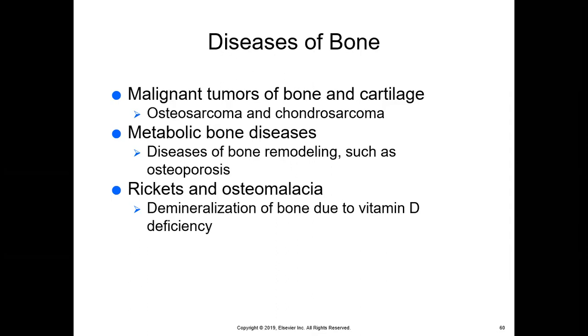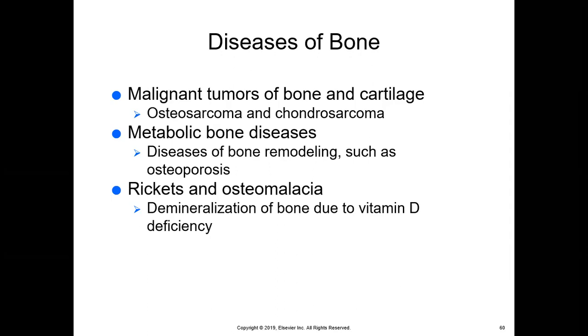Vitamin D is important with calcium homeostasis because it helps the intestines absorb calcium. If you have a limited amount of vitamin D, you have a limited amount of calcium absorbed into your system.